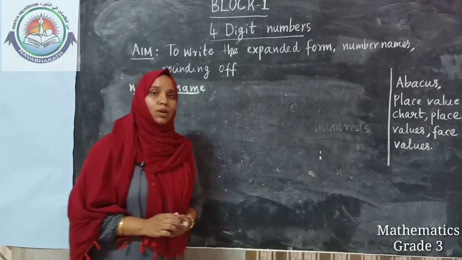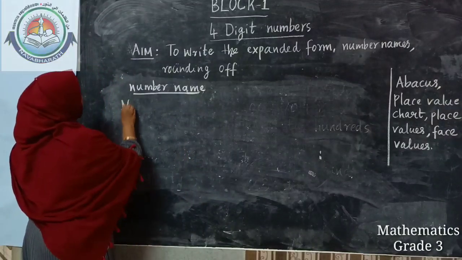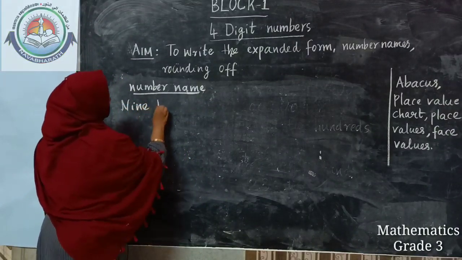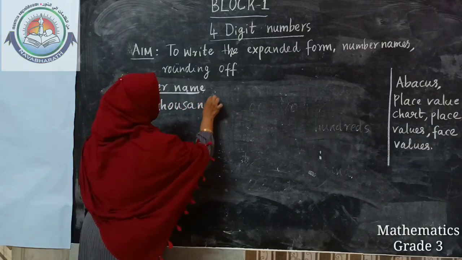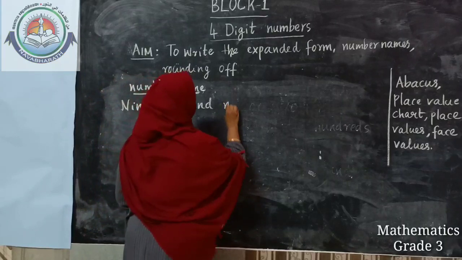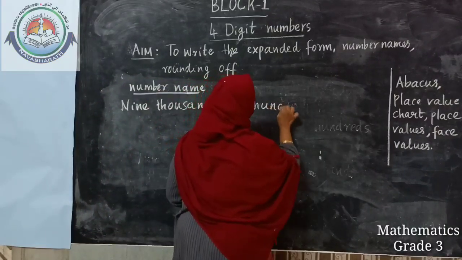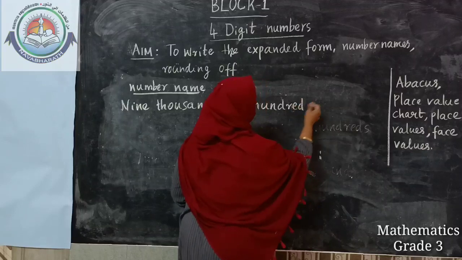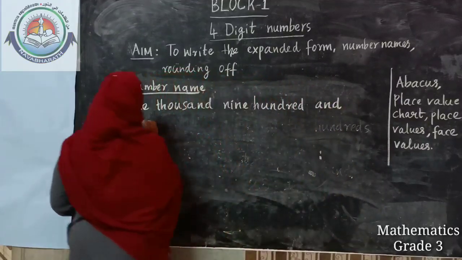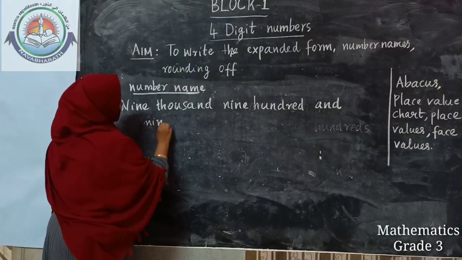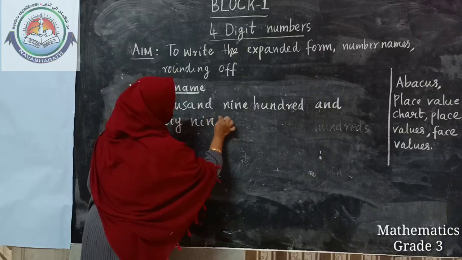We can consider one more example. The number is 9,900 and 99.